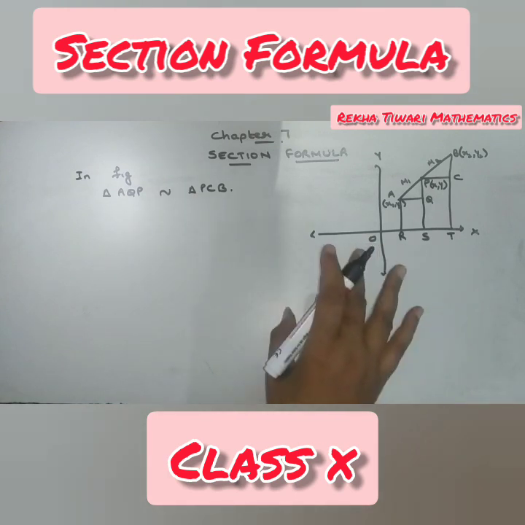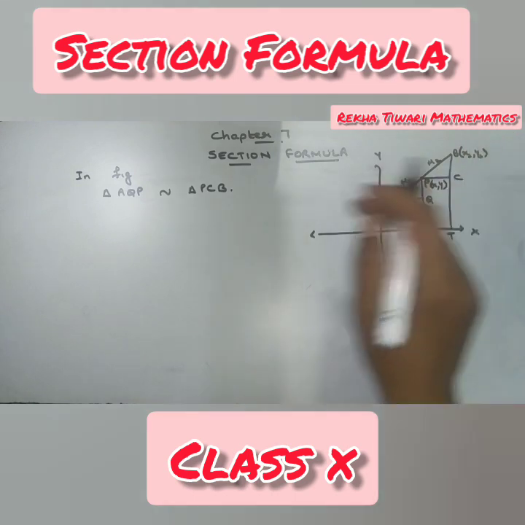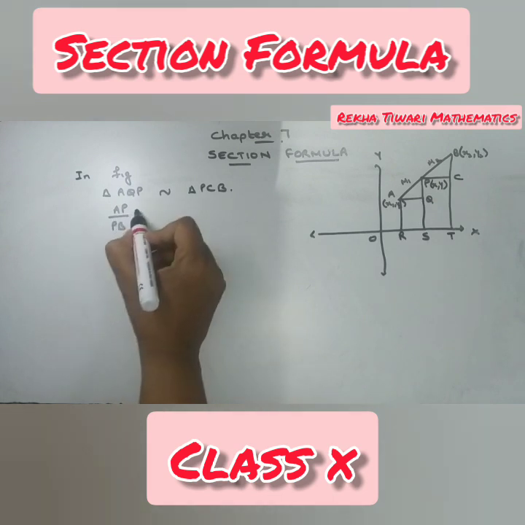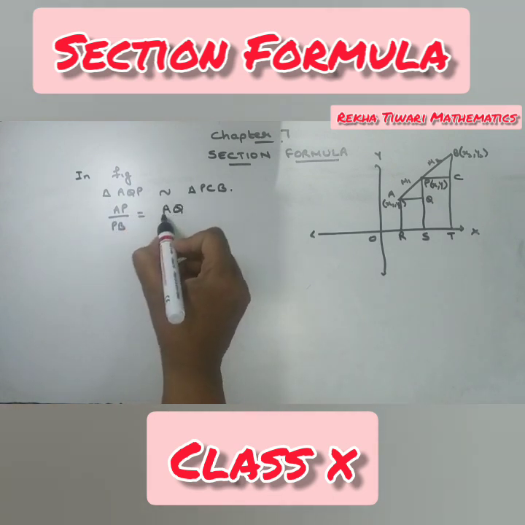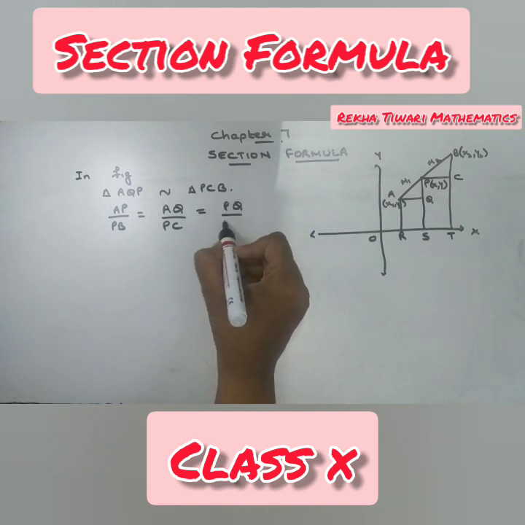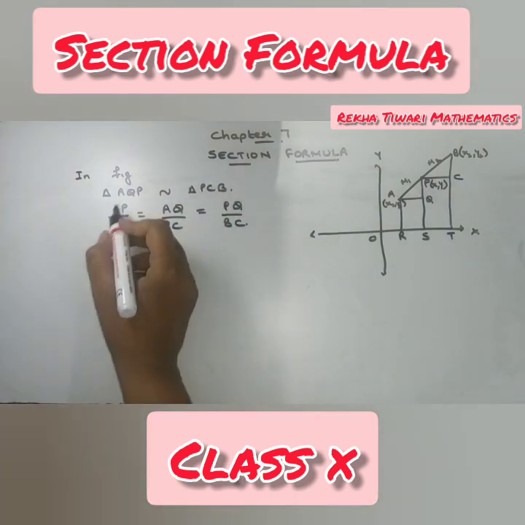They are proportionate. So if AQP is similar to PCB, I can write that AP upon PB is equal to AQ upon PC is equal to PQ upon BC. Sides are divided proportionally.